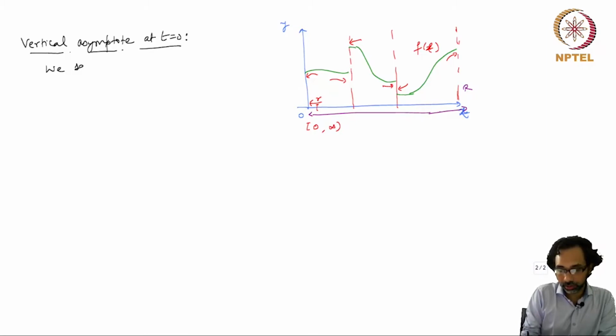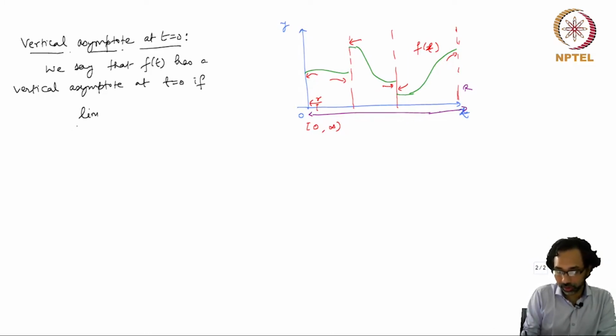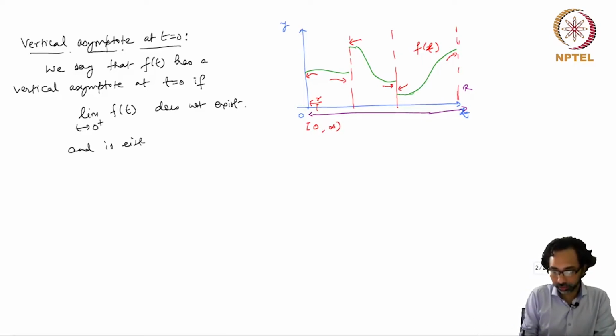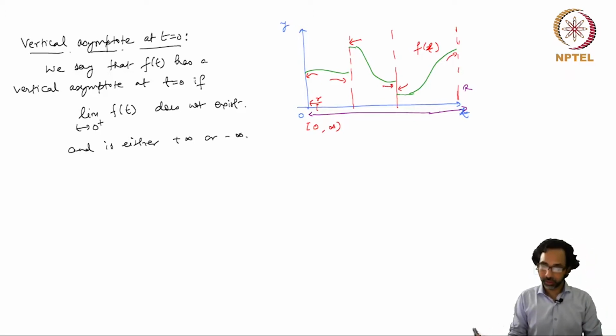We say that f(t) has a vertical asymptote at t equal to 0 if the limit as t tends to 0 from the right of f(t) does not exist, and is either plus infinity or minus infinity.